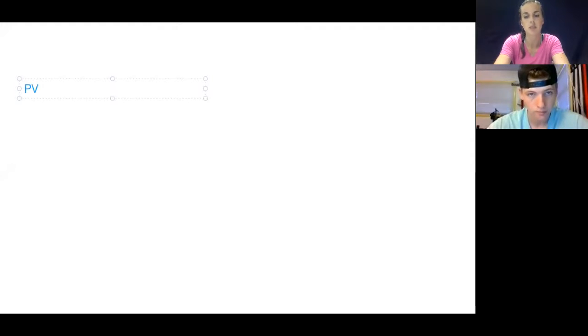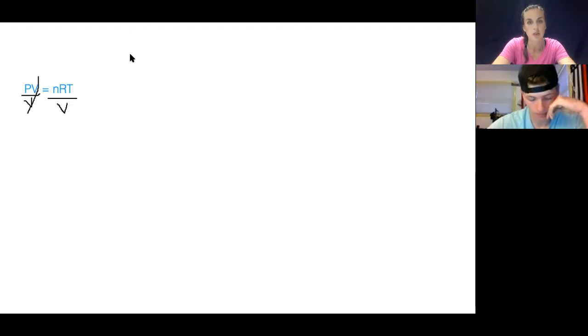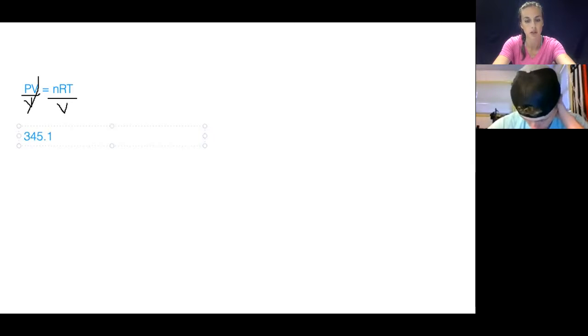So our equation is PV equals nRT. So to solve for pressure, I'm just going to divide by volume on each side. And then we'll just plug it in. So first of all, they gave me moles. So, grams. Have to convert. Yes, I need moles. So I'm going to go 345.1 grams, and that's CO2.